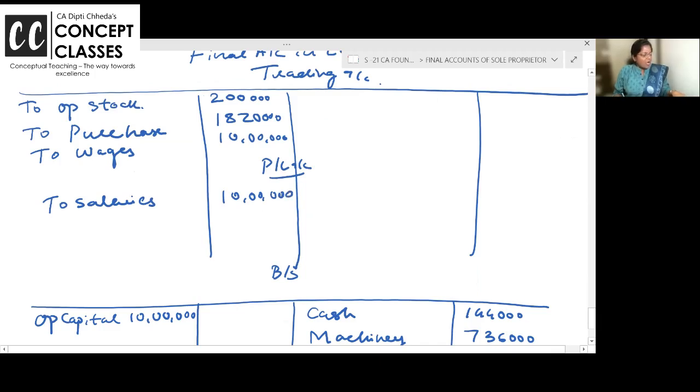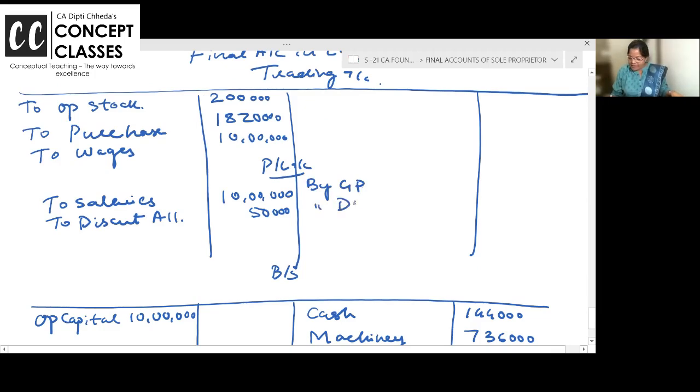Next, discount allowed is our expense. We will write it on the debit side. Discount allowed, we will write on the debit side, 50,000. Discount received will come on the credit side, but first place is fixed, GP.